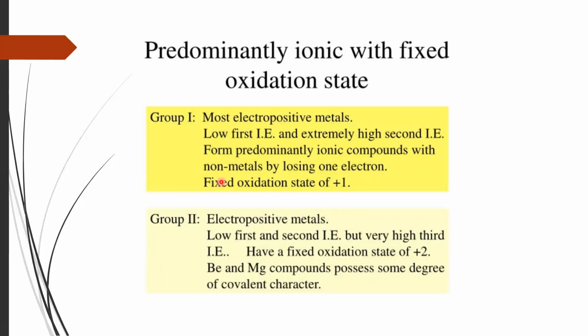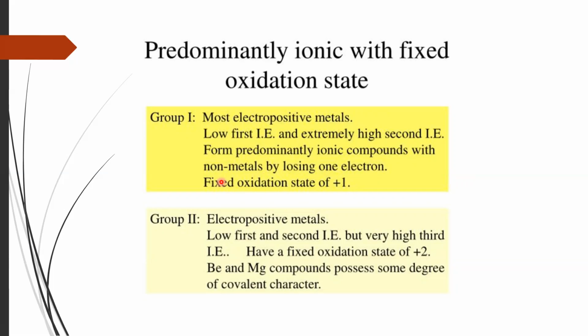Next, when we are talking about electropositivity and ionization enthalpy, at that moment we do talk about oxidation state. Group 1 elements are the most electropositive metals. Now, why are they the most electropositive metals? As they have ns1 electronic configuration, which shows that they have only one electron in the s orbital.